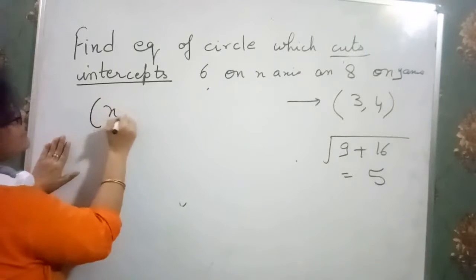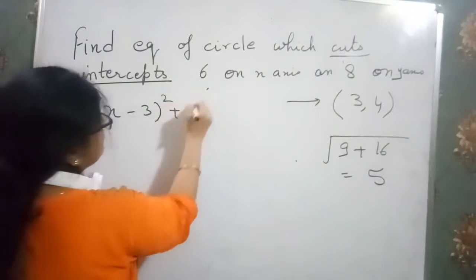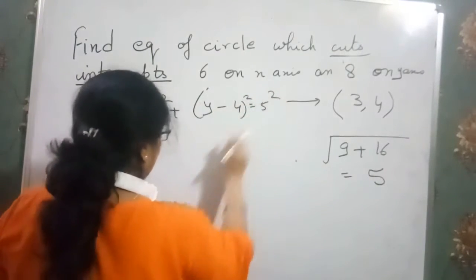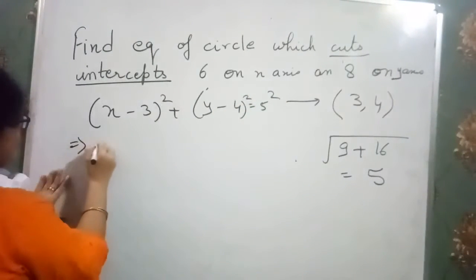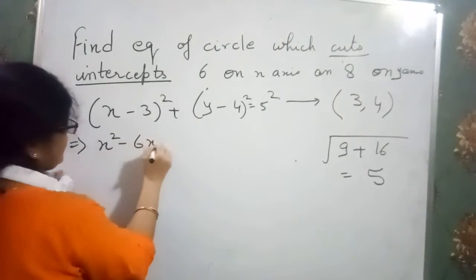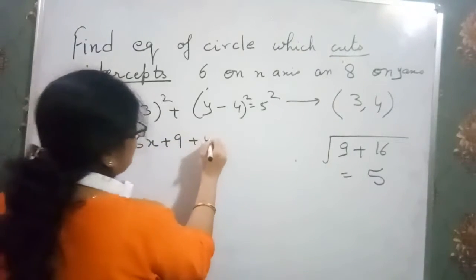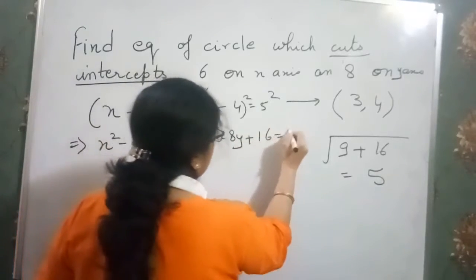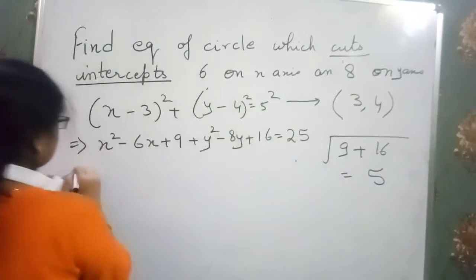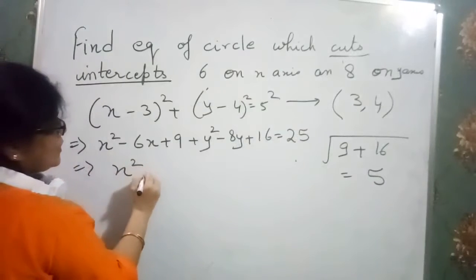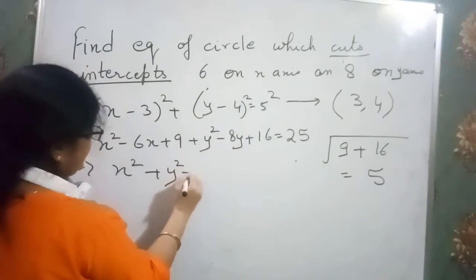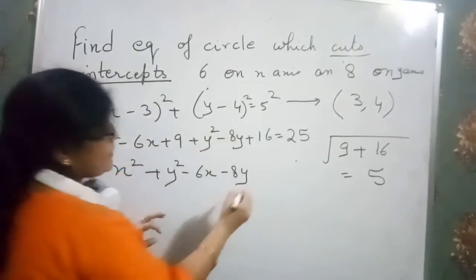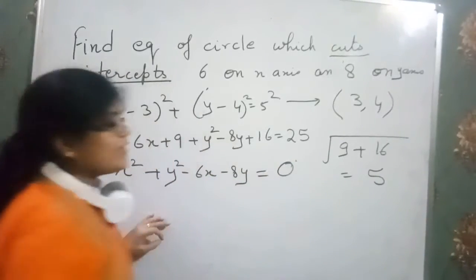The equation of the circle is (x − 3)² + (y − 4)² = 5². So we have x² − 6x + 9 + y² − 8y + 16 = 25. So we have x² + y² − 6x − 8y, and 16 + 9 = 25, the 25s cancel. So we have 0.